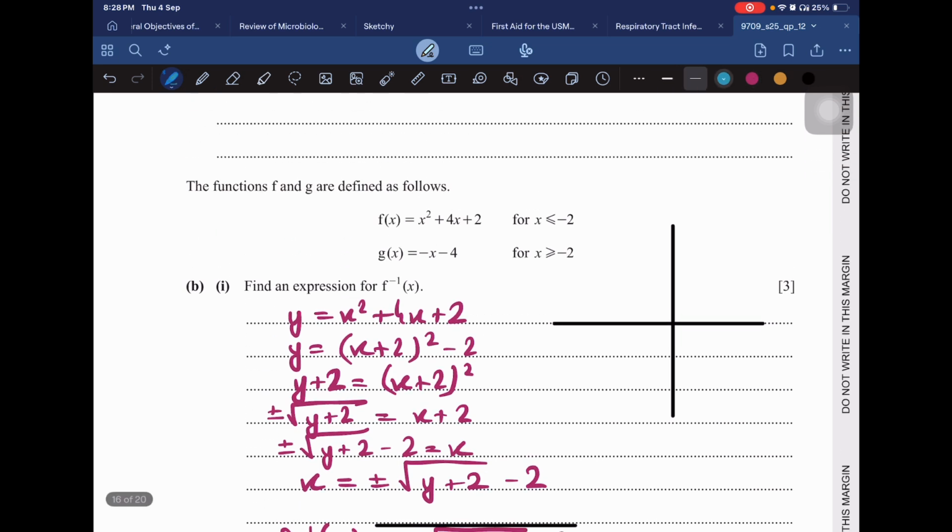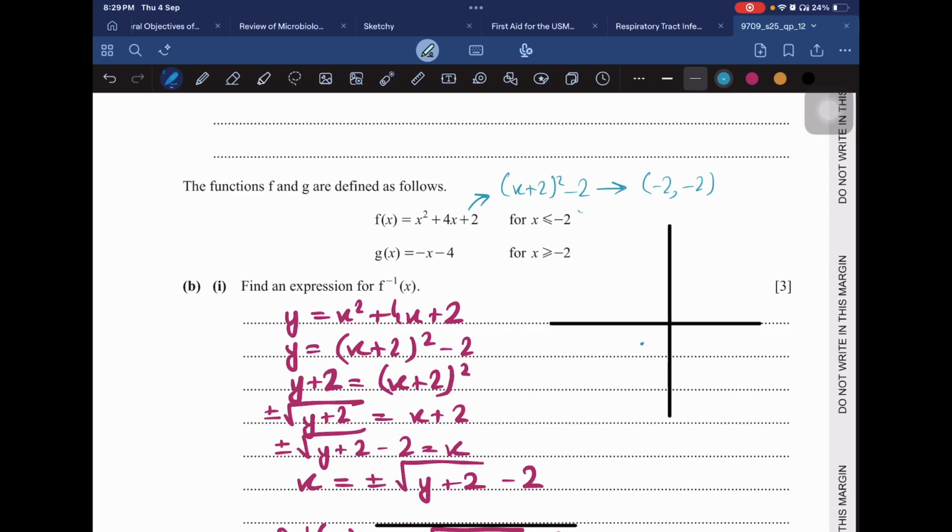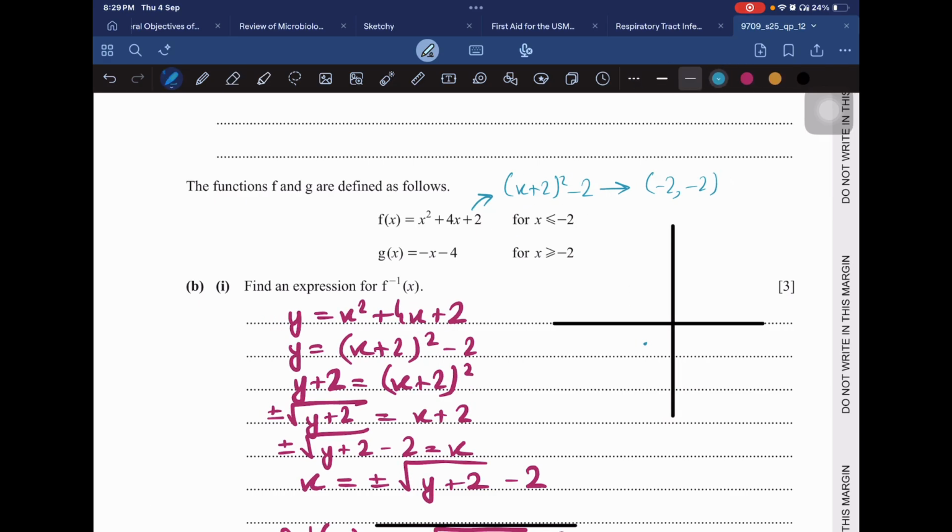I'll draw f(x) using blue. Now f(x) we know can be written as (x+2)² − 2, which means that the turning point is (−2, −2). So let's say that this is (−2, −2). And then it said that the domain is less than or equal to −2. That means that the graph of f(x) will be something like this.